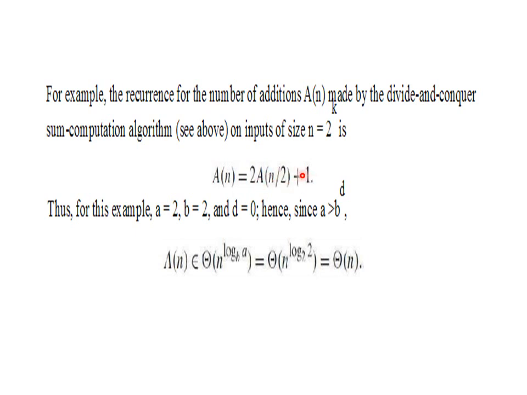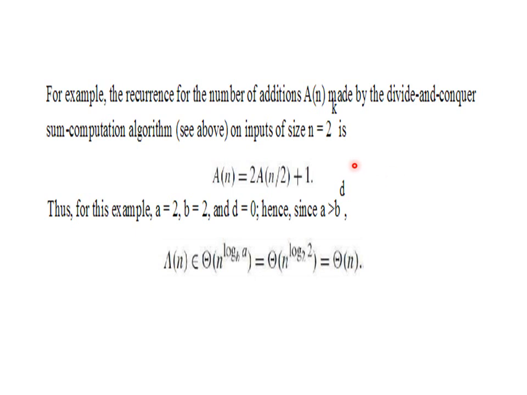This recurrence relation is indicated by the divide and conquer approach for the sum computation problem in a given list of n items. We have a list of n items and we want to find the sum of all these elements, so we can use the divide and conquer approach. We have already solved this problem in our previous classes.